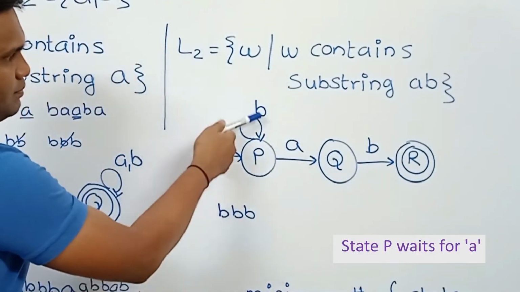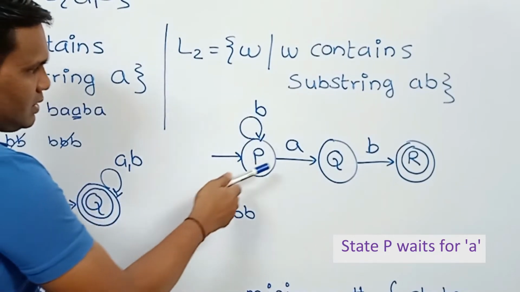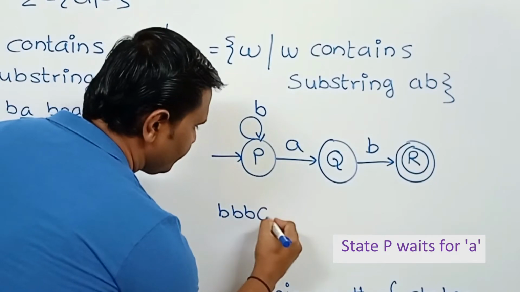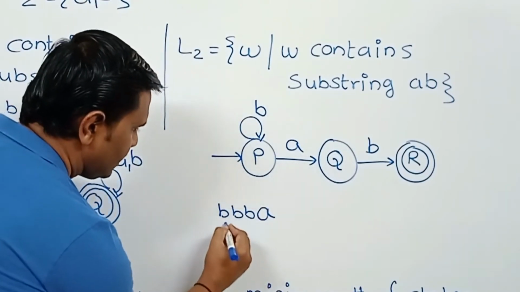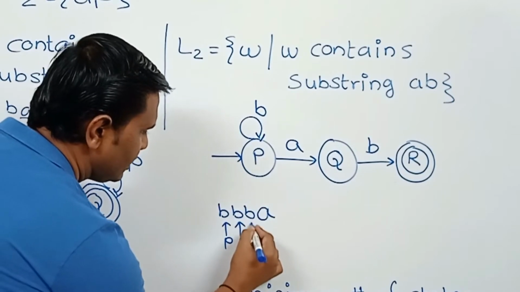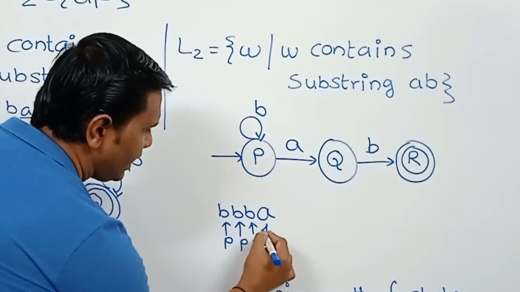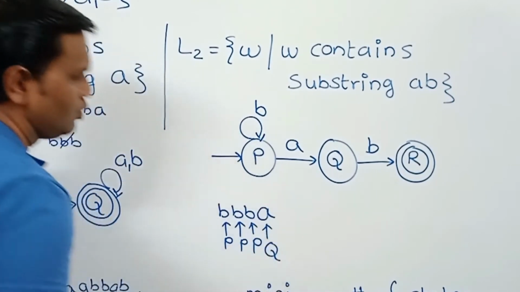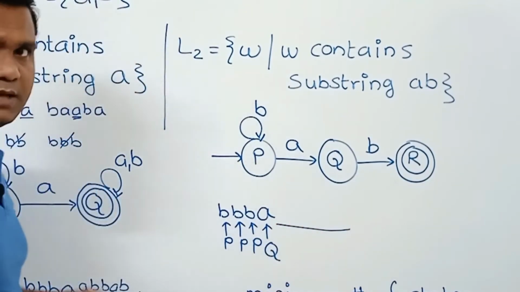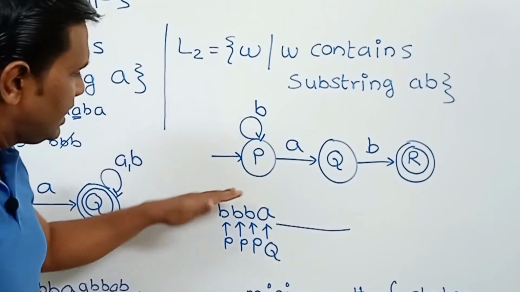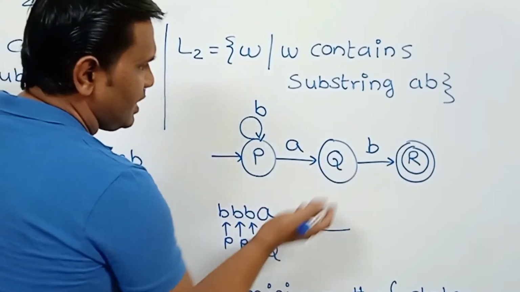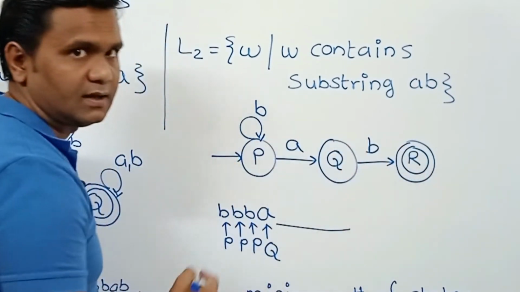This loop handles B. Now if A comes, we go to state Q. Here we are in state P, here we are in state P, here we are in state P. Now we found A, we go to state Q. The string processing is not complete, only this much part is complete. Now after this, if we find B, we go to state R.